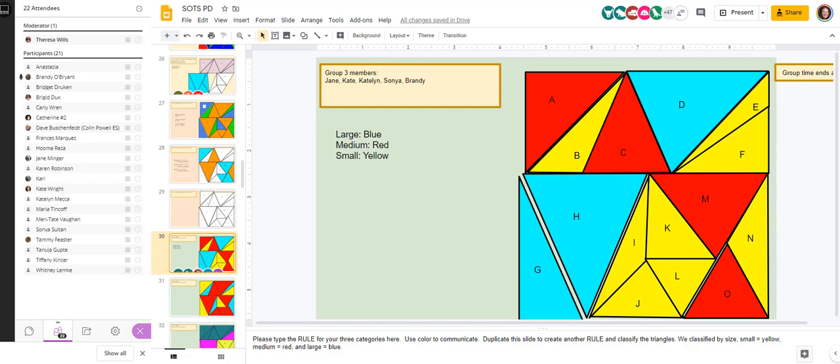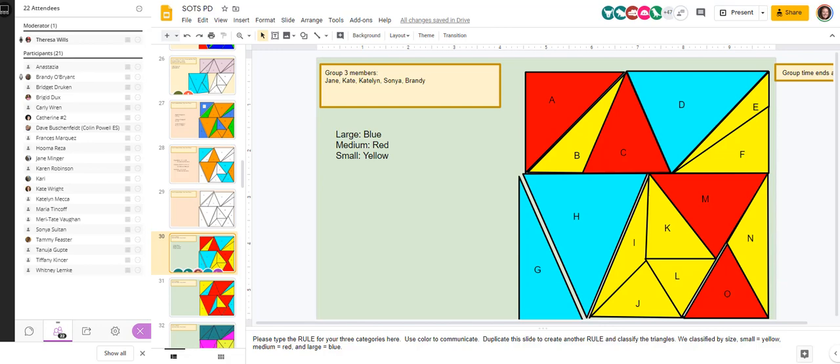So when we first looked at them, one of the first things we noticed was that they were just kind of varying sizes. So we thought about how they could be sorted into small, medium, and large. And we ended up identifying what we thought was large first and then small next. And then we whittled it down to what we thought was medium.